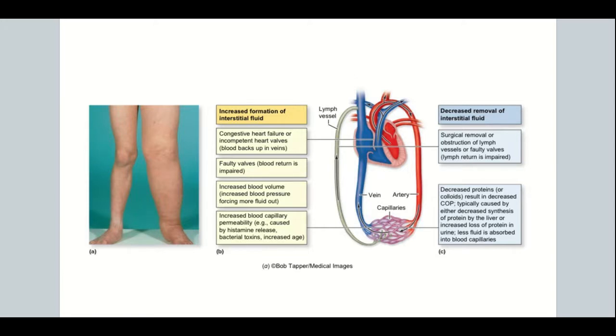These two groups are most prone to fluid imbalances. When you think about infants, they have a higher metabolic rate. They also don't have kidneys that work as efficiently as an adult, so their kidneys are still learning to eliminate fluid, and they are not concentrating urine as efficiently as in adults with fully developed kidneys.